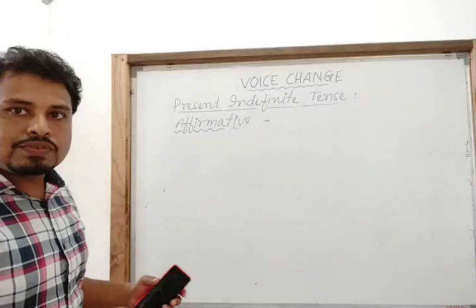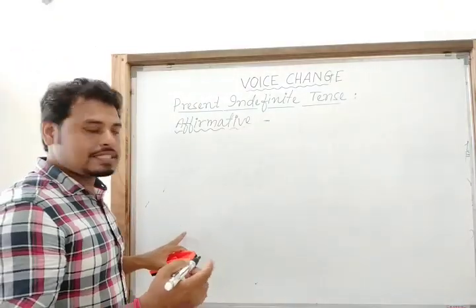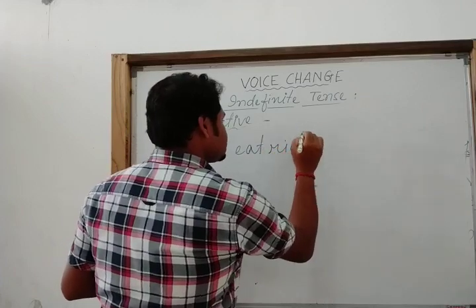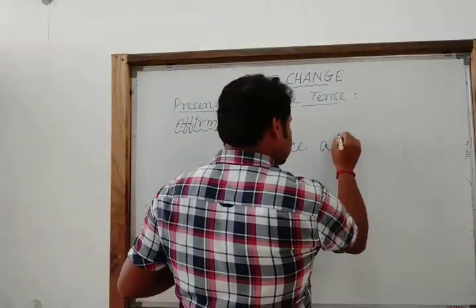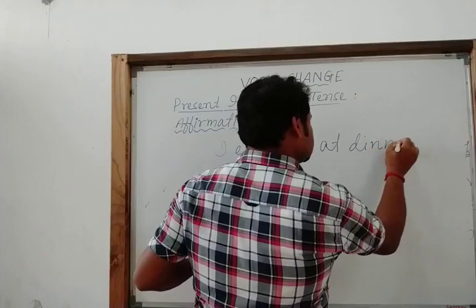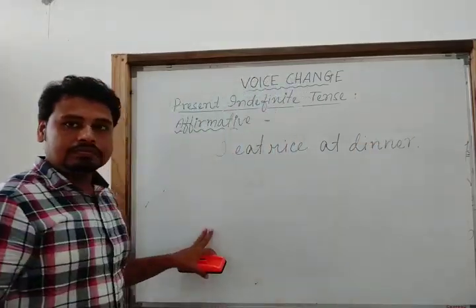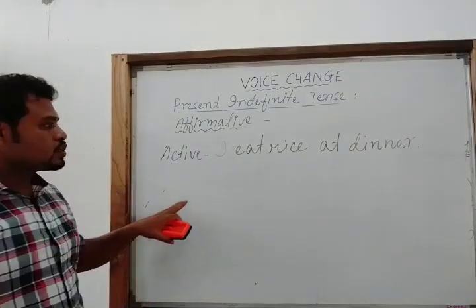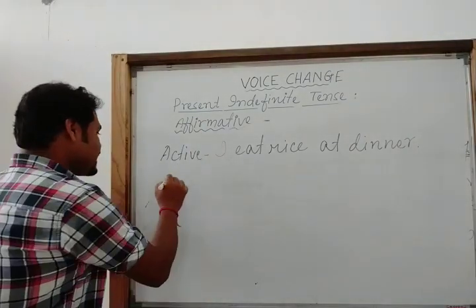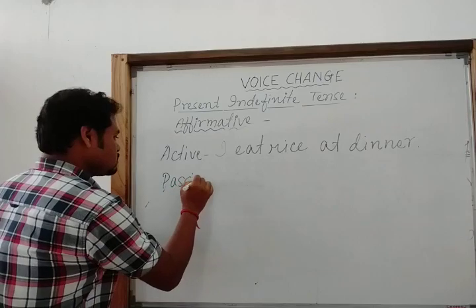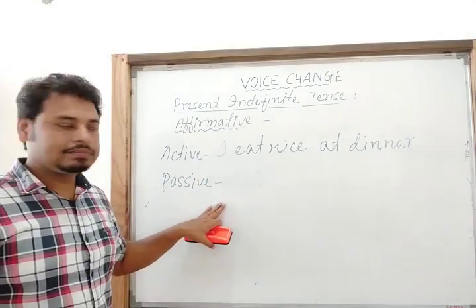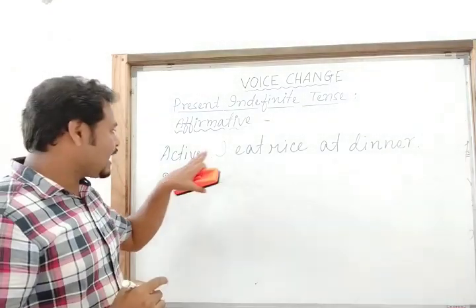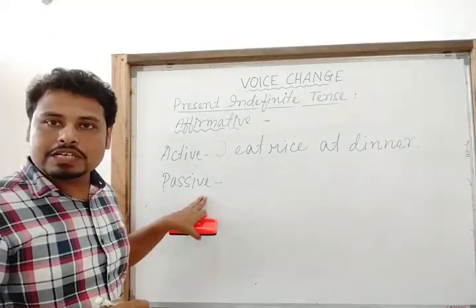I am taking a very simple sentence, for example: I eat rice at dinner. This one is active. Now we are going to change it into passive, which is pretty easy. I first use the object of the active voice in place of the subject of the passive voice.